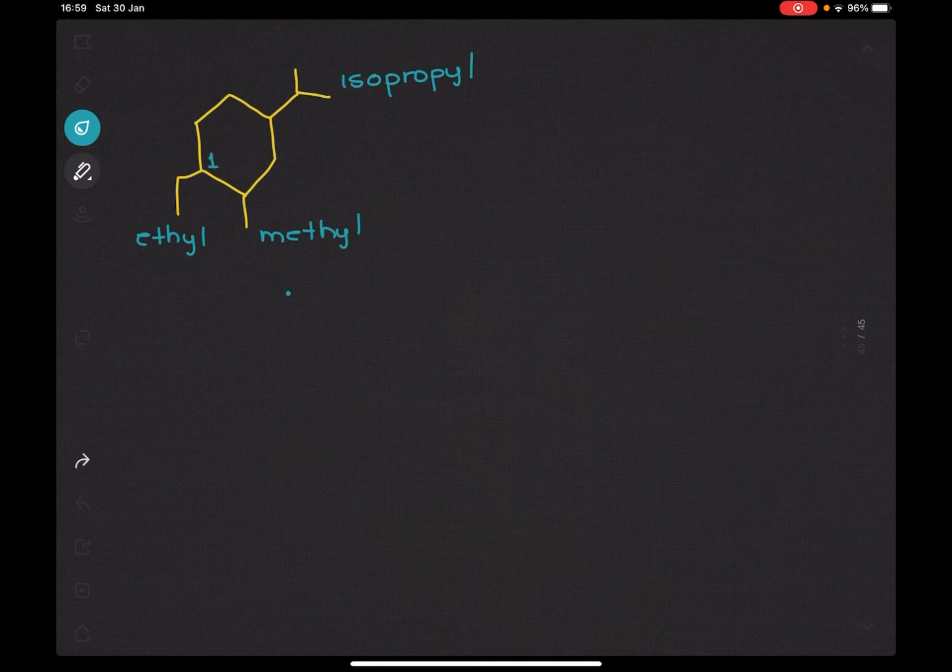Now I have 2 choices. I either start counting this way or I count this way. I will count in the way where my other substituents have the smallest number possible. So in this case, I know that I need to go counterclockwise because the methyl would have a number 2 and the isopropyl would have a number 4.